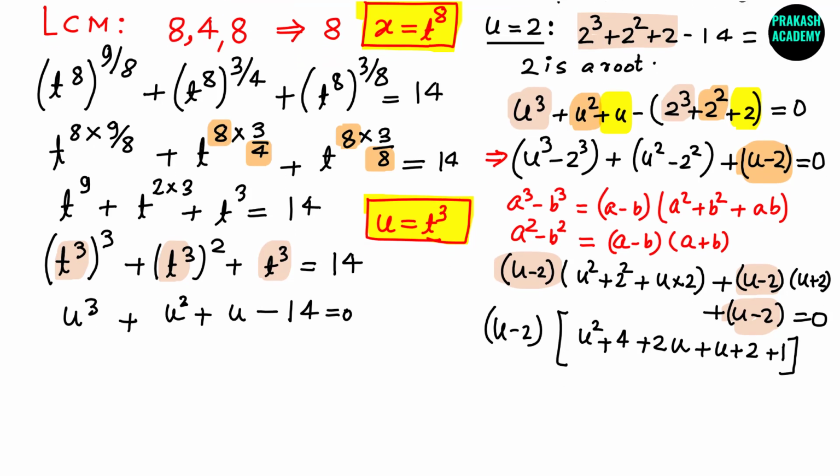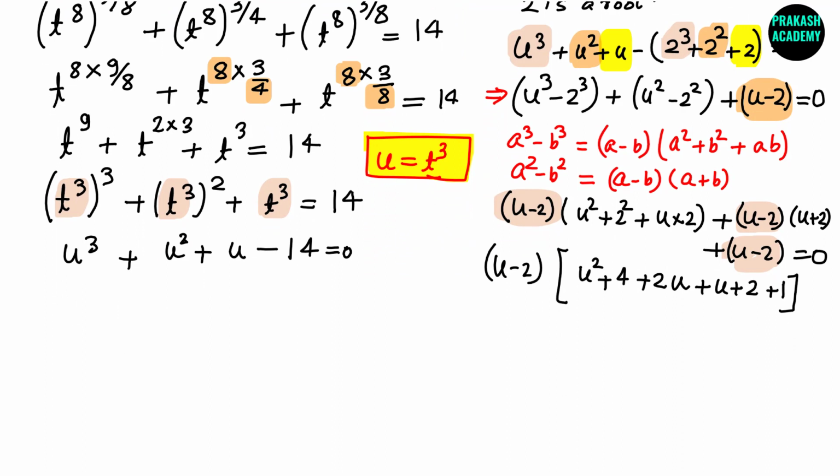So finally I can rewrite this expression: u minus 2 times (u² plus 3u plus 7) equals 0.